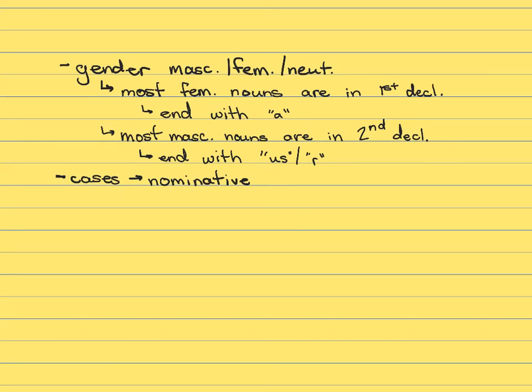Right now, in the nominative, we get endings like a, or us, or r. When we start learning more cases, we'll have to learn new endings for these words. But right now, we're still in the nominative case. It's simple. It's for the subject of the sentence. All right.